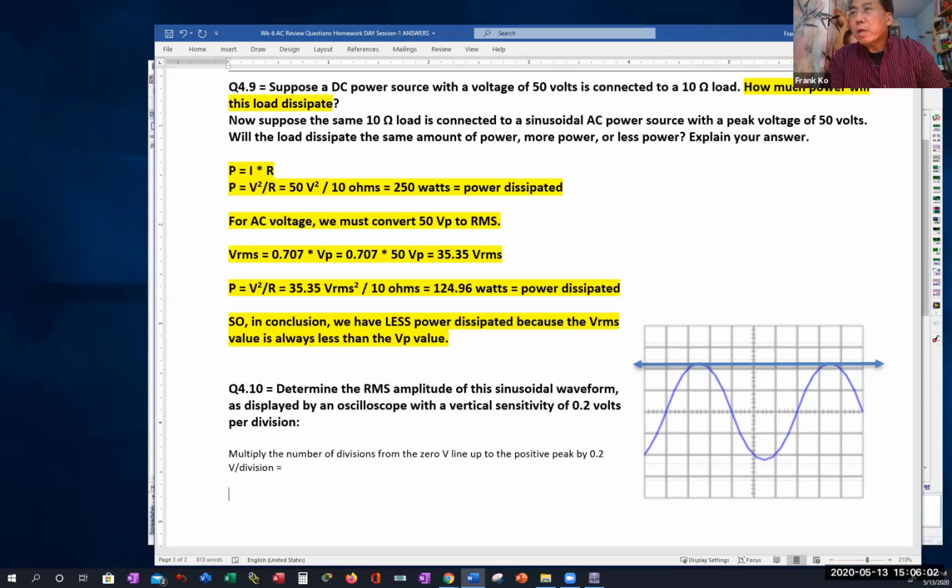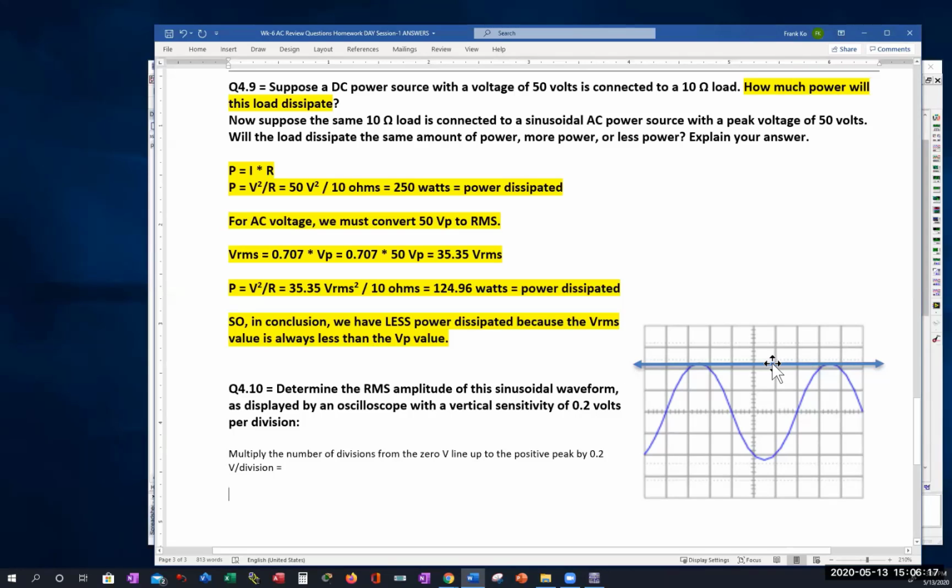Okay, so how many divisions do you count from the 0 line up to the peak? I guess looks like 2.1 then. Or 2.2. 2.1? 2.1 or 2.2?